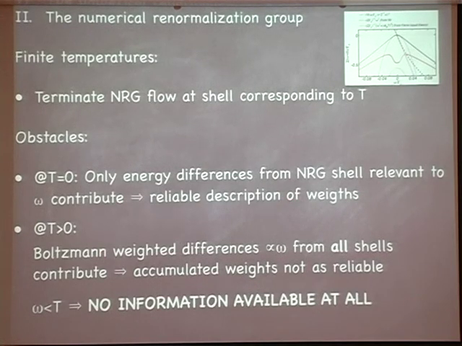But at T finite, you have to collect energy differences from all shells weighted with a proper Boltzmann weight. And there, you don't know what you're doing, basically. And even worse than that, because you have a finite temperature, everything below that temperature is obscure to NRG. It doesn't know about it. So it has absolutely no information at all from low energies, which means everything at low energy is just a shrewd guess.